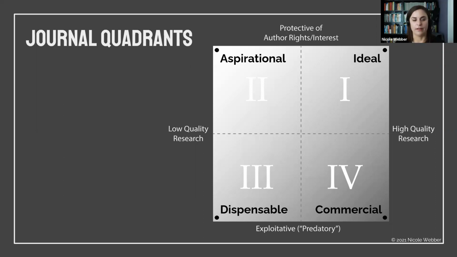And then finally, in our lower right corner is the commercial, where the focus is more on profit, or maybe reputation, but it gets a pass because the quality is high. And remember, we're talking about the extreme corners. It's not that every traditional publisher is not protective of author rights, but as we land down in that corner, that's when we're sacrificing author rights for the quality.